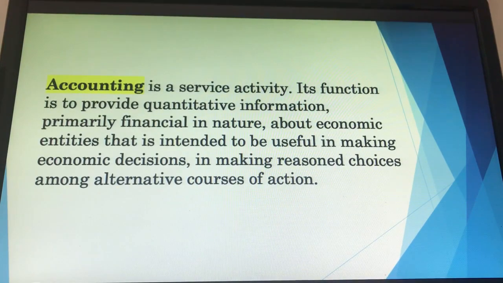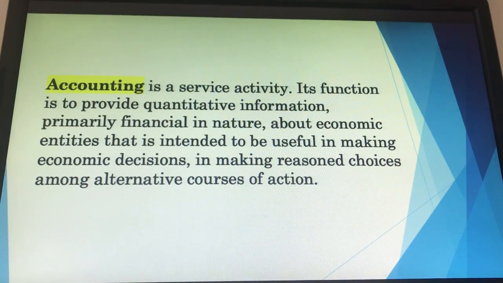And kung nalugi, what are the things that I should improve so that I will become profitable in the next period? Because of accounting, you are able to make economic decisions. You can make good decisions. Now, finally, making reasoned choices among alternative courses of action.